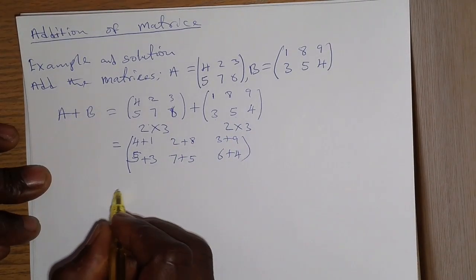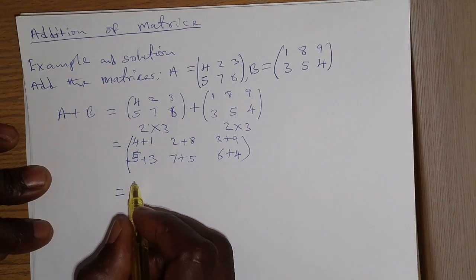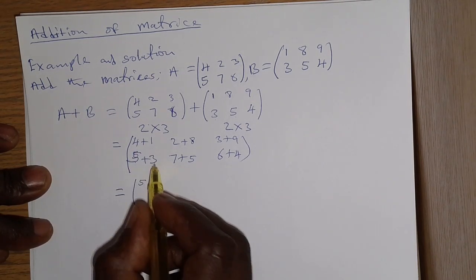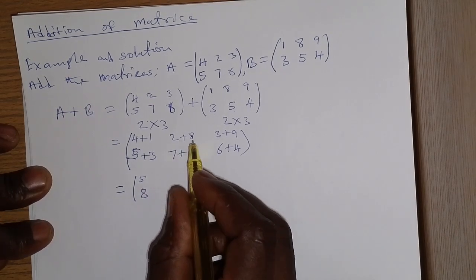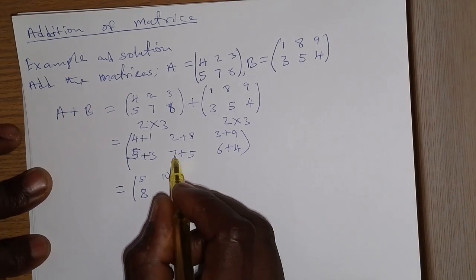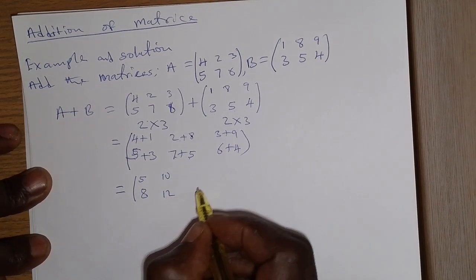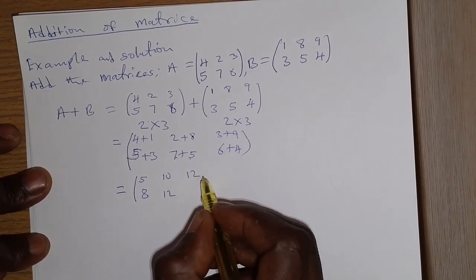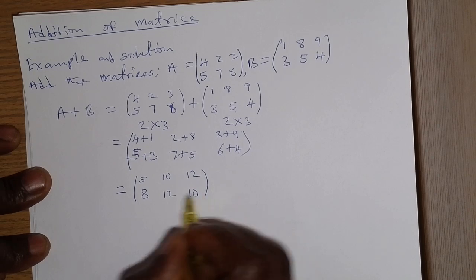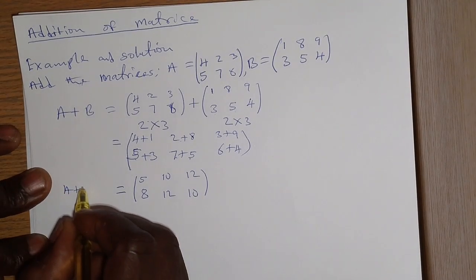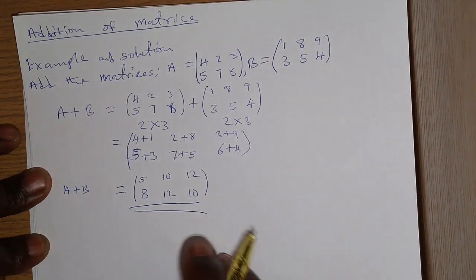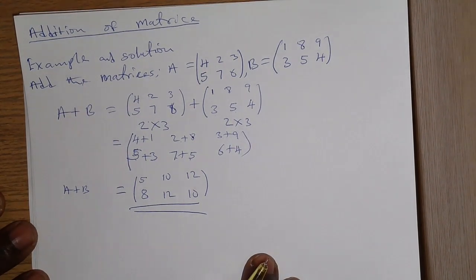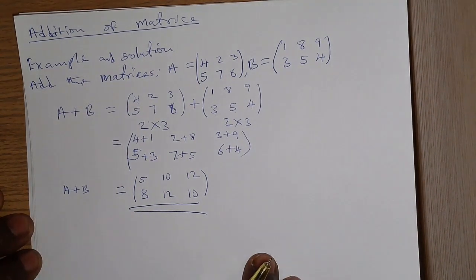So when we add this, this will give us the same thing as, open bracket, 1 plus 4 is 5, 5 plus 3 is 8, this plus this will give us 10, this plus this will give us 12, and then finally this plus this will give us 12 and 10. So when you add these two matrices of the same order, they will give you also a matrix of such order. So this is an example of addition of matrices.